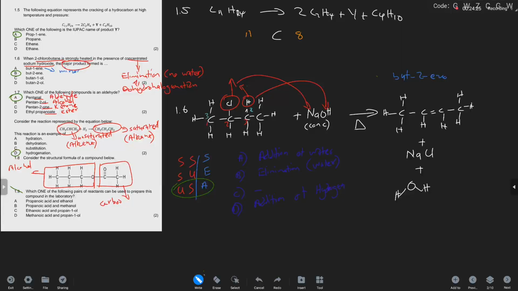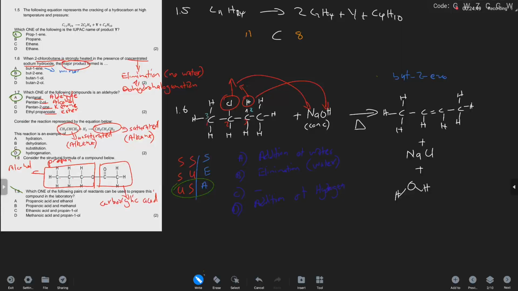Therefore it is coming from a primary alcohol, which is propan-1-ol, and then the acid part, which is the carbonyl group attached to it, has 2 carbon atoms, obviously, coming from ethanoic acid.